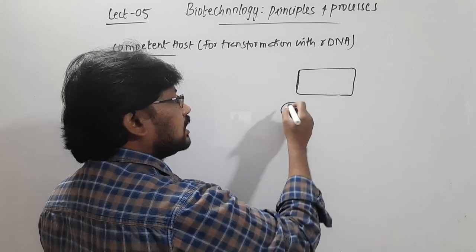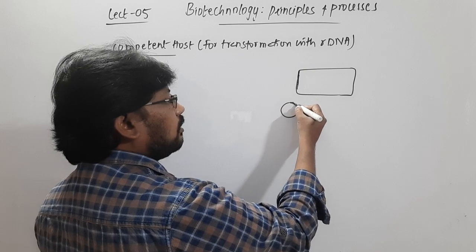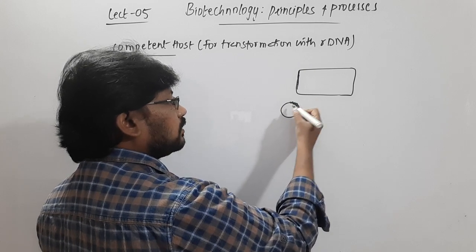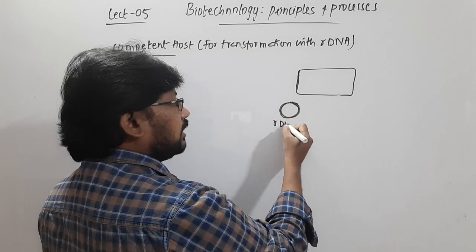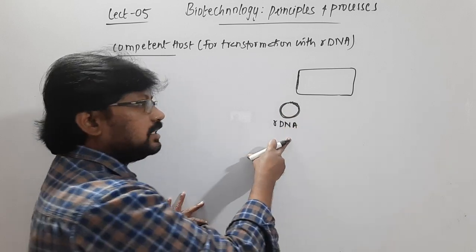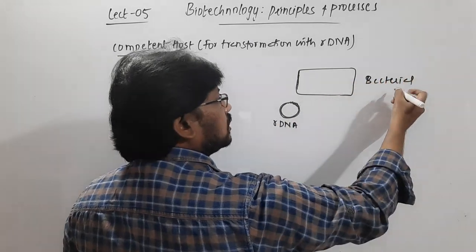Say this is the rDNA and it has that gene of interest. This is the rDNA. And once we have constructed this rDNA, we need to introduce it into the host cell.